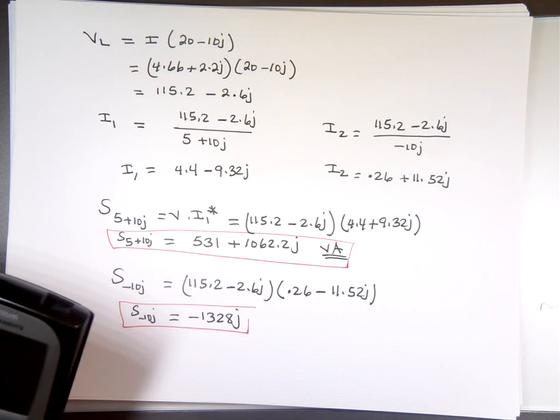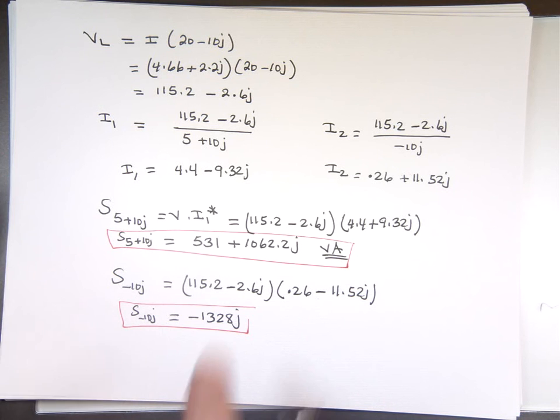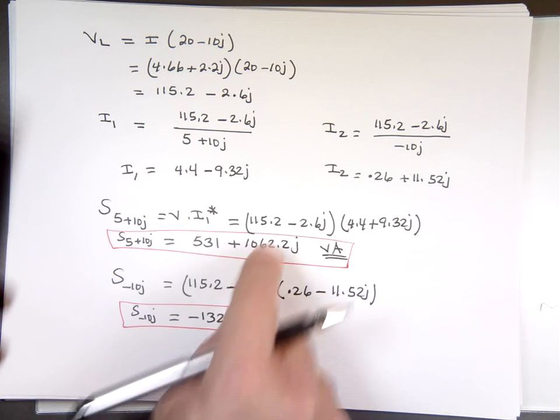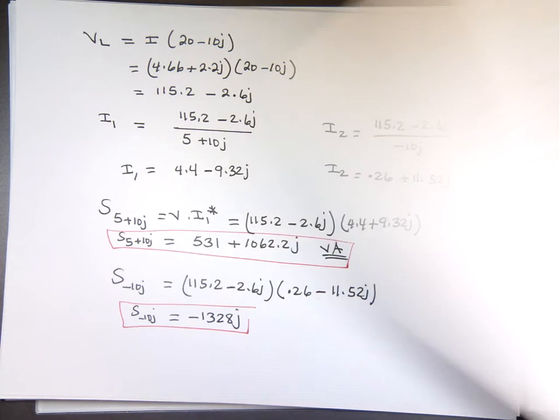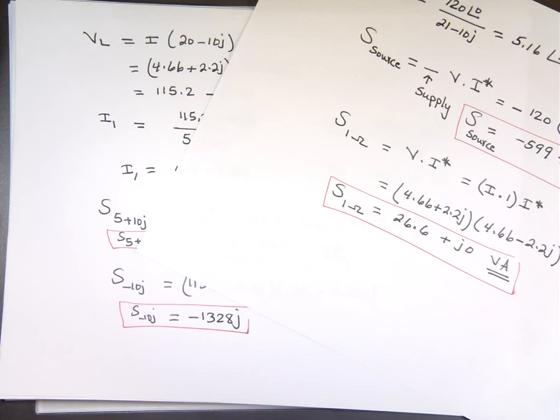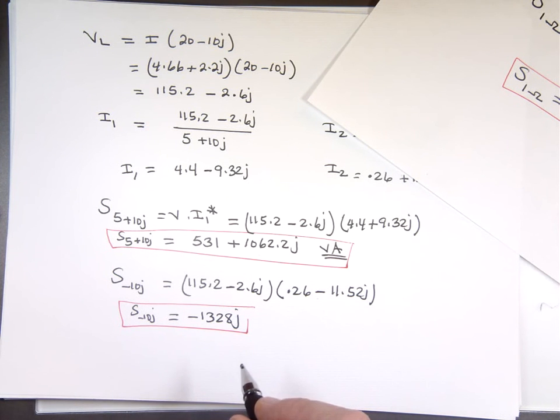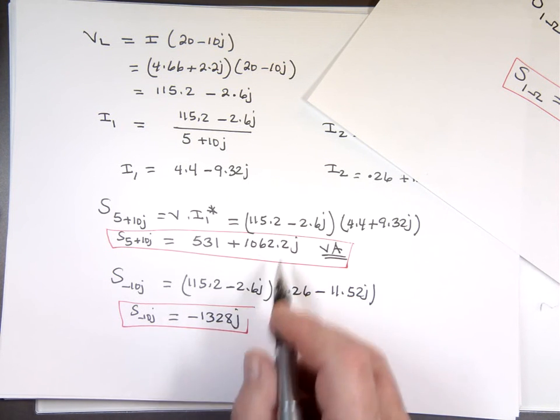Just add the three complex powers here. Add to it this, add to it that. Again, negative 109 plus 1334j.